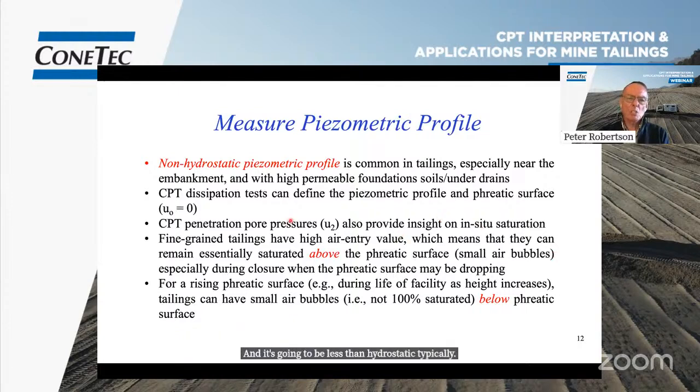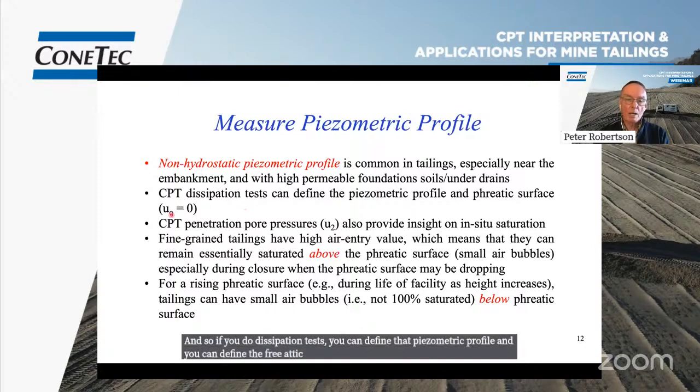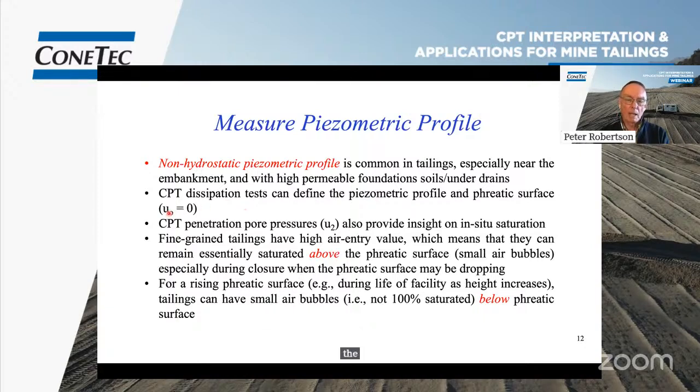And so if you do dissipation tests, you can define that piezometric profile, and you can define the phreatic surface. That's where the piezometric pressure head is 0. And the CPT pore pressures themselves, the measured penetration pore pressures, provide insight into the in situ saturation. And I'll show some examples.